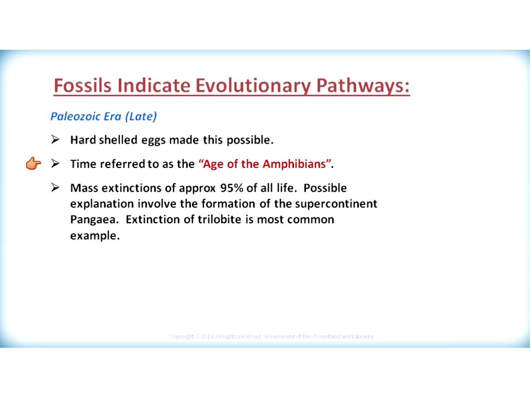The end of the Paleozoic Era was marked by a mass extinction, where approximately 95% of all life forms on Earth became extinct. One possible explanation involved the formation of a supercontinent, Pangaea. The extinction of the trilobite, amongst other invertebrates, are the most common organisms that became extinct at this time.